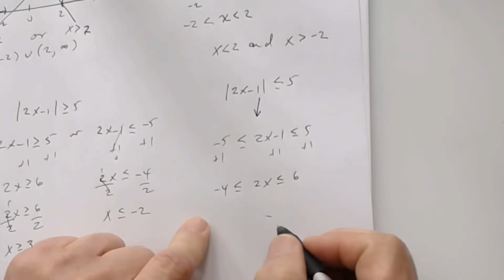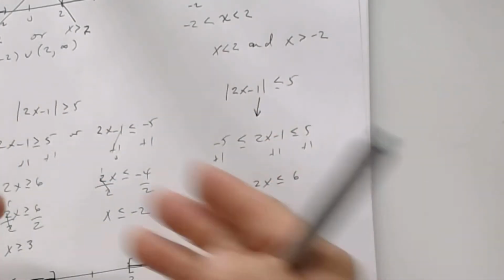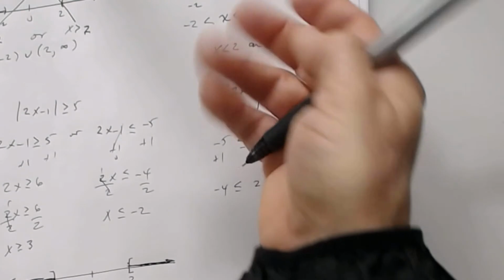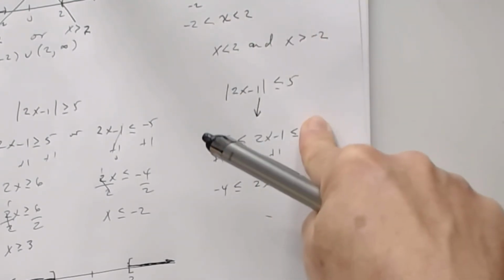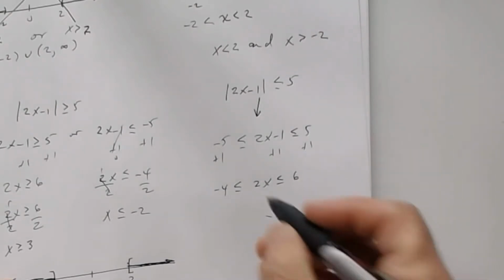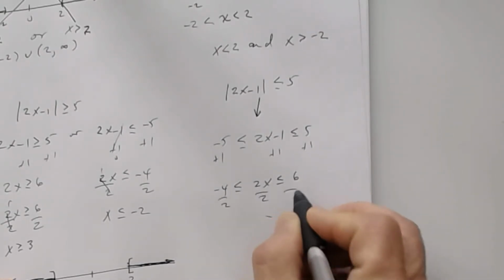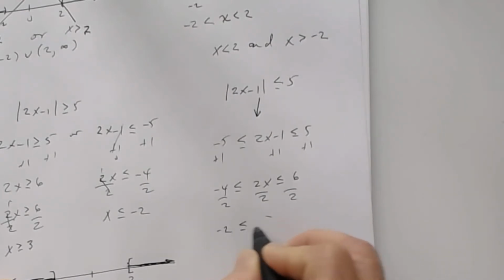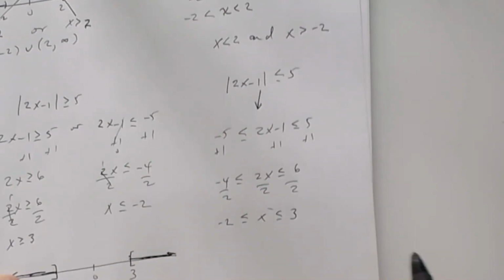When you do the worksheet, if you looked at those examples we did in class, you would have seen that with the less than, that's the way we did it. We didn't do it any other way. Then divide both sides by 2. You get negative 2 is less than or equal to x, is less than or equal to 3.